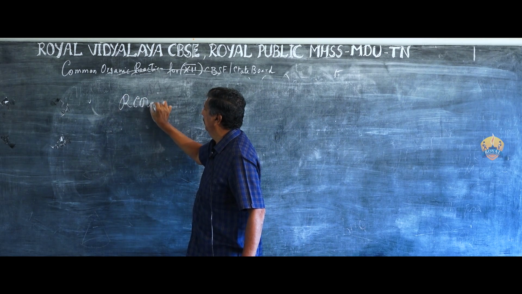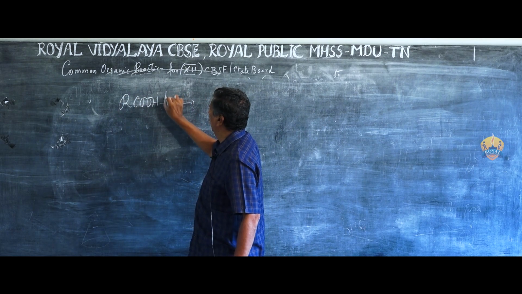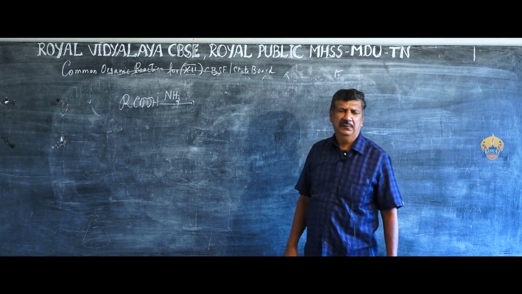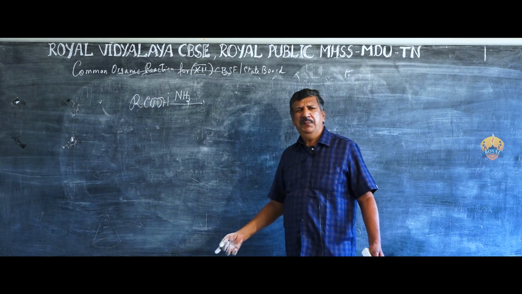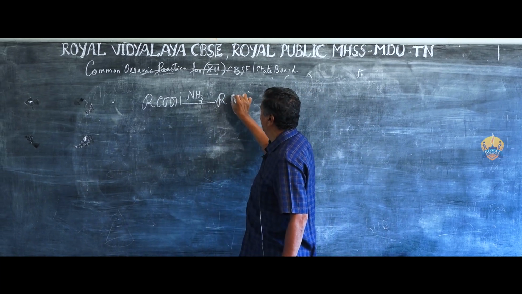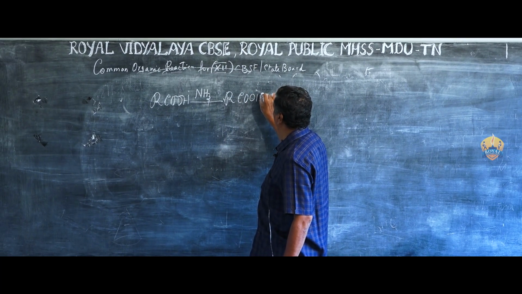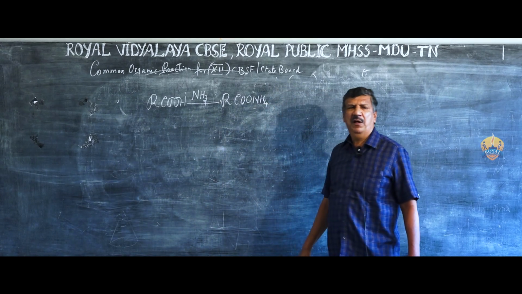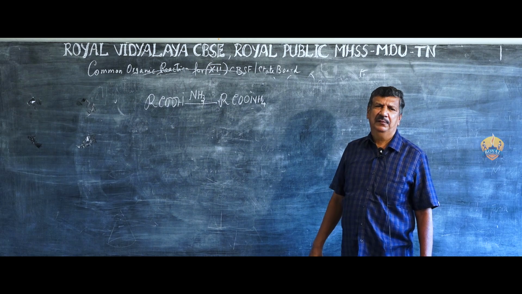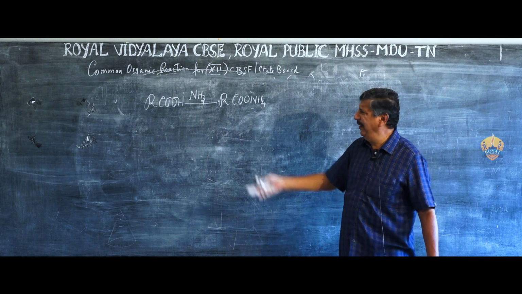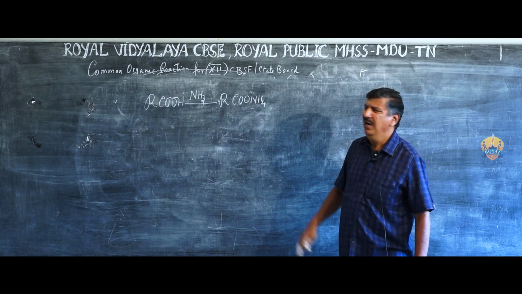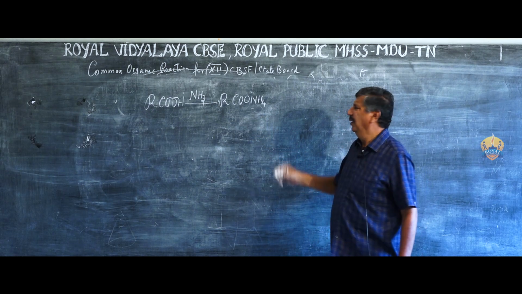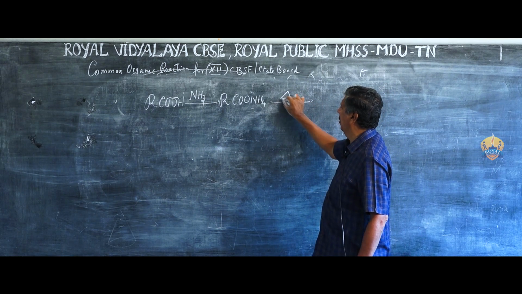Next one, acid with ammonia. What will happen? First you merge the ammonia with the acid. It will form an ammonium salt, for example ammonium acetate, ammonium benzoate, like this. Then heat this compound.